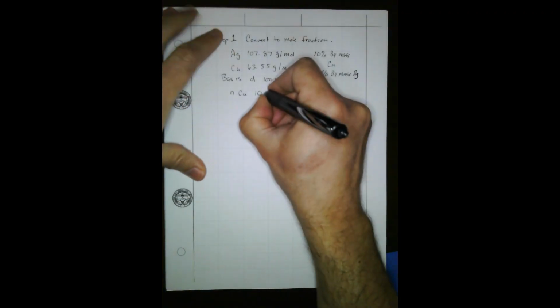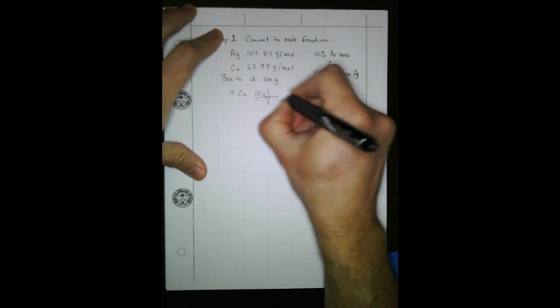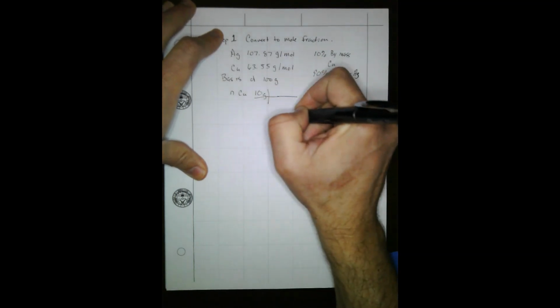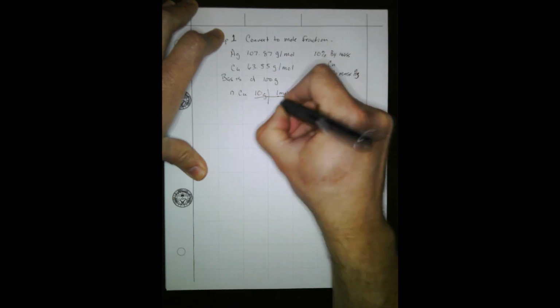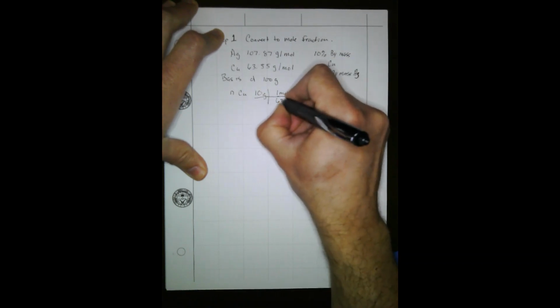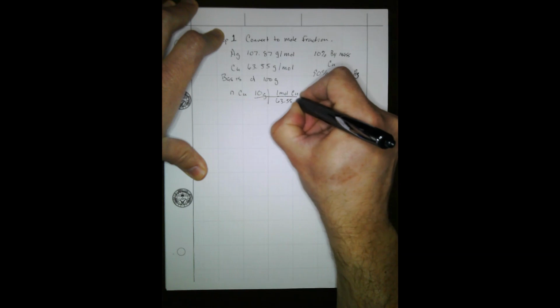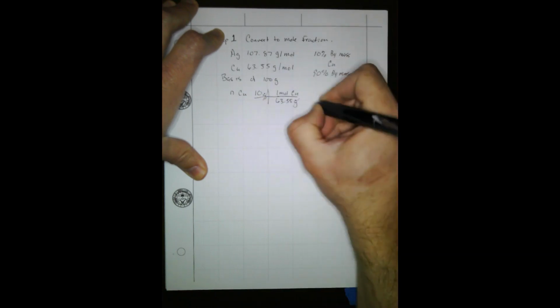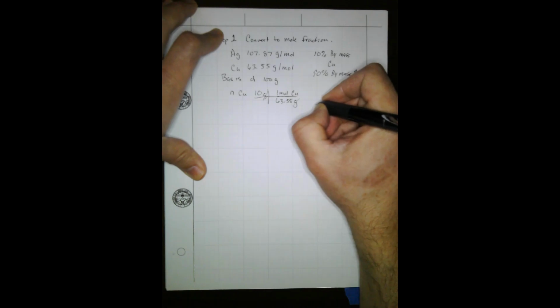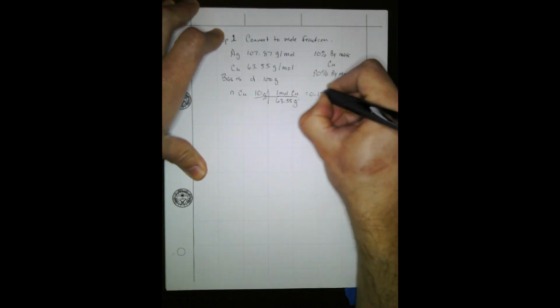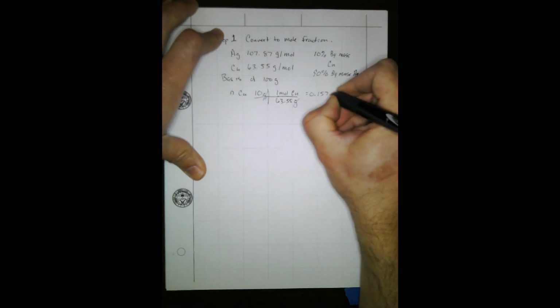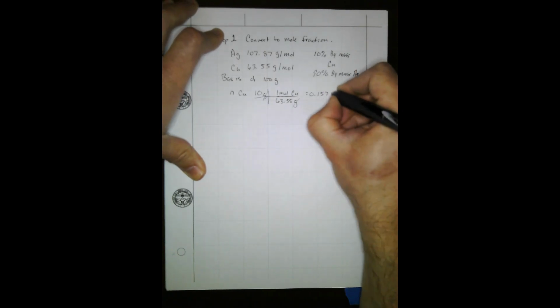So 10 grams, and 1 mole of copper is 63.55 grams, so grams cancels, and we're left with 0.157 moles of copper.